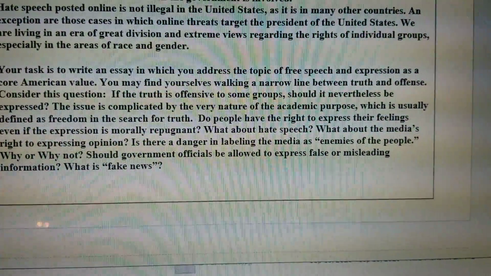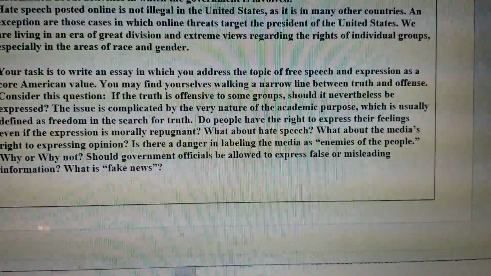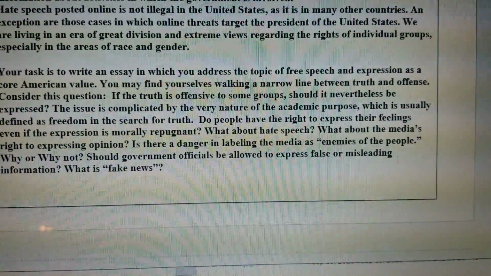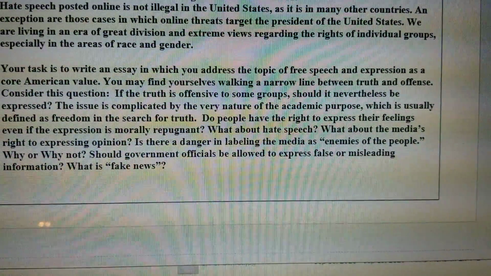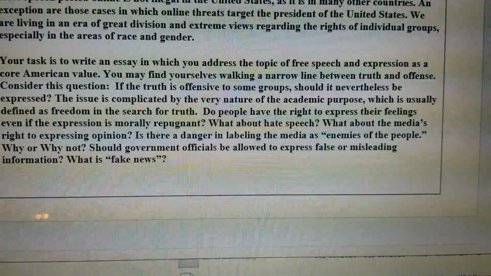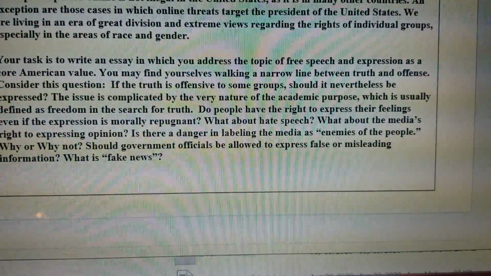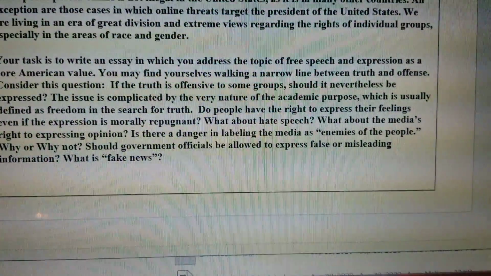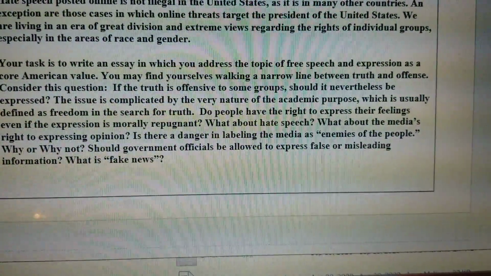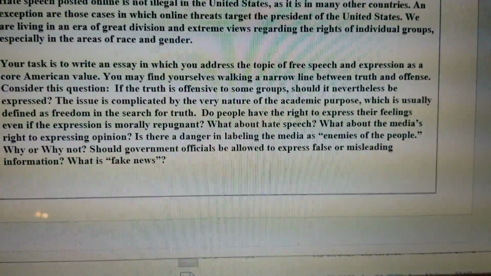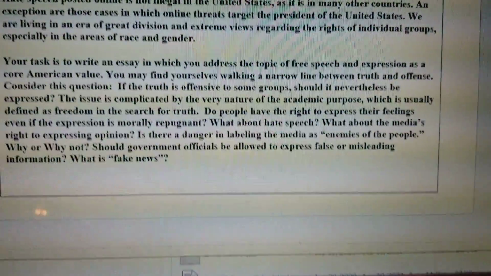The issue is complicated by the very nature of the academic purpose, which is usually defined as freedom in the search for truth. What about the media's right to expressing opinion? In this case, when we talk about free expression, what about artists' rights of free expression under the First Amendment?